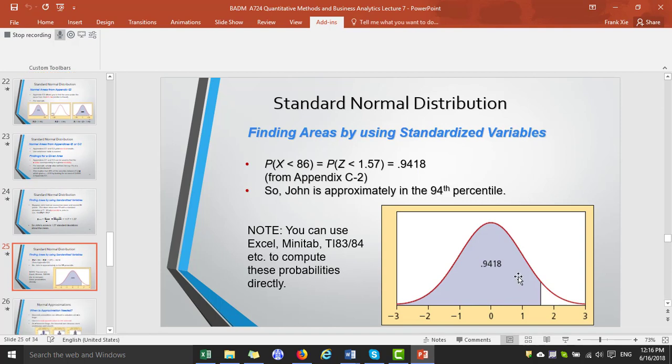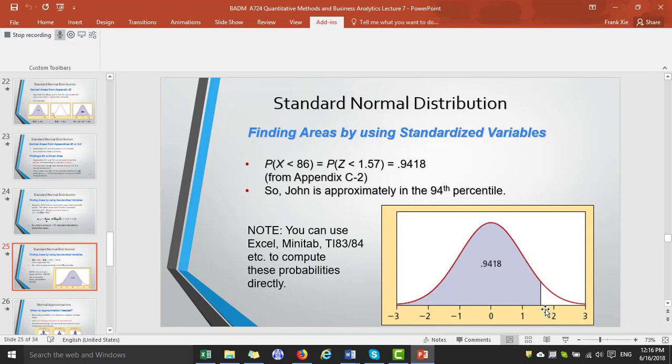And then you go to the book, go to table C2. This time you can go to C2, right? For P of Z less than 1.57, somewhere over here, the probability, the area, is 0.9418.